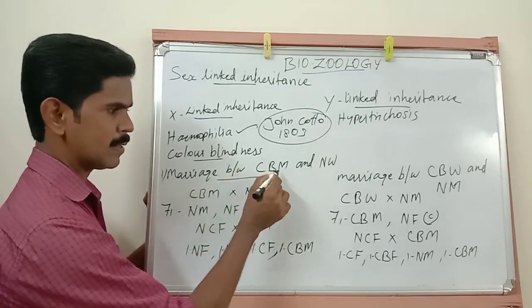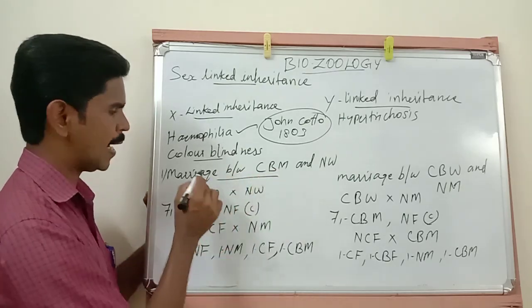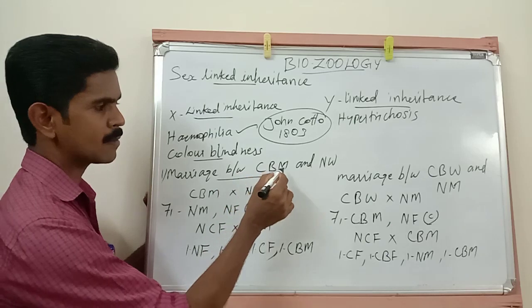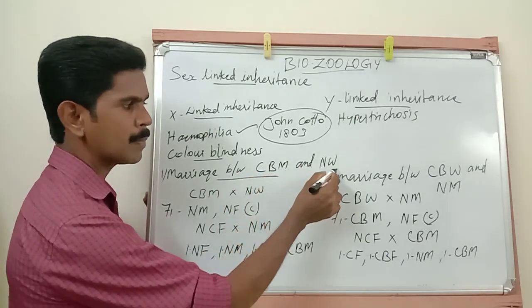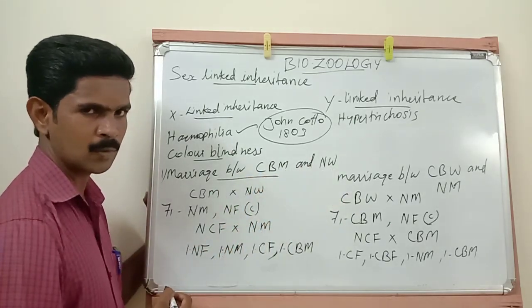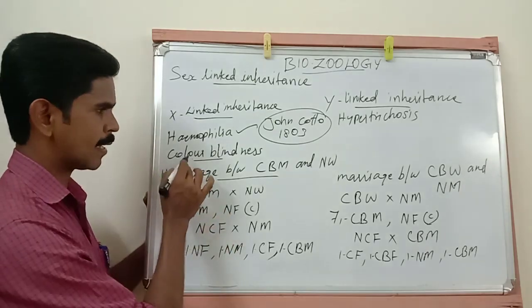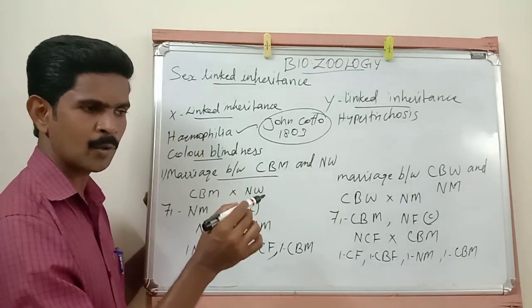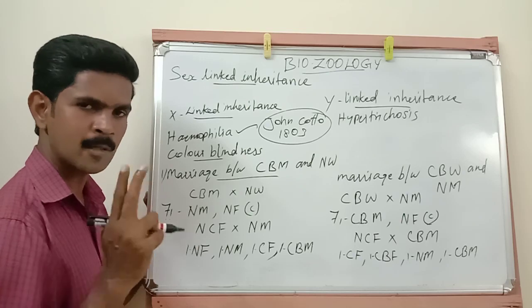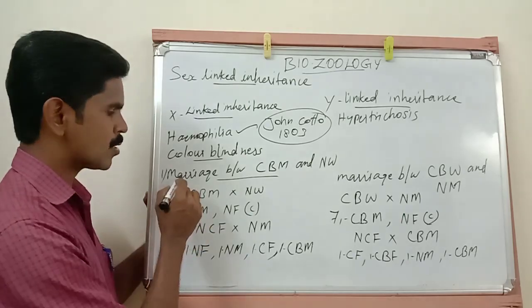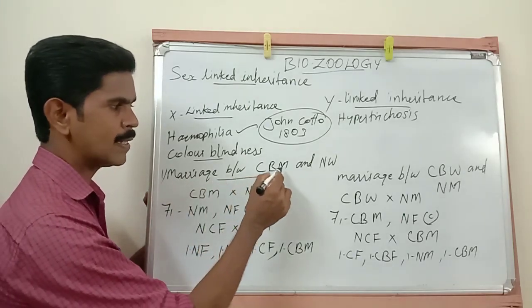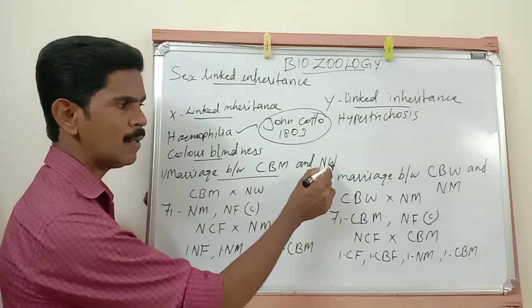Here CBM means color blindness male. So marriage between a color blindness male and a normal woman. This color blindness disorder is transferred from one generation to the next by two types of marriages. The first one is marriage between a color blindness man and a normal woman.